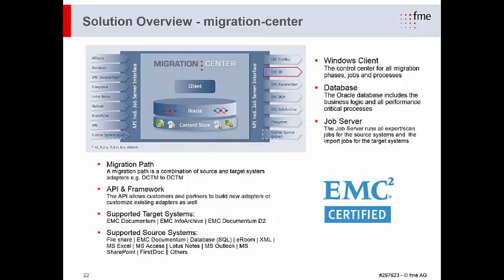We support a variety of them, and I'm not going to get into all of the details today, but this gives you an overview of what the capacity could be if you decided to move forward with Q&M and FME's Migration Center.